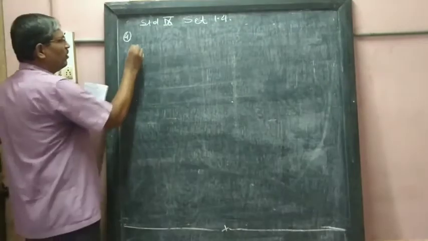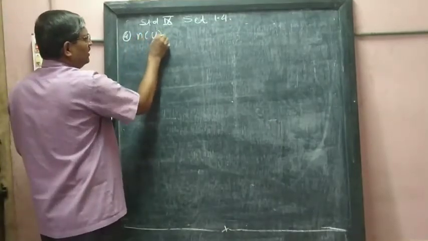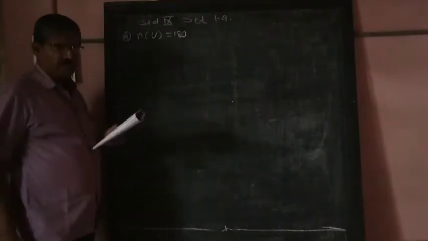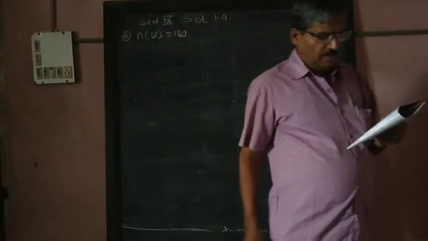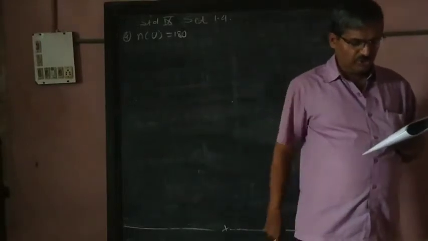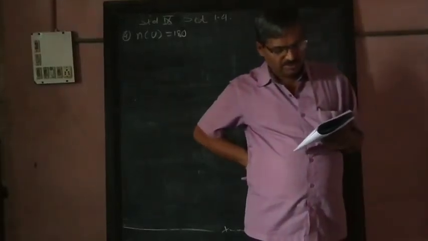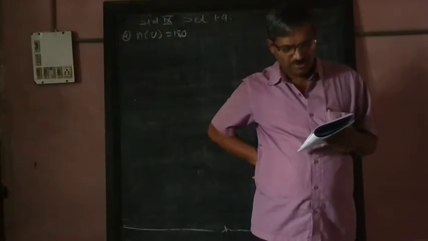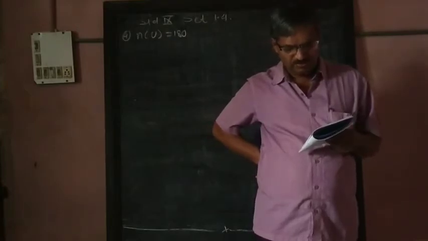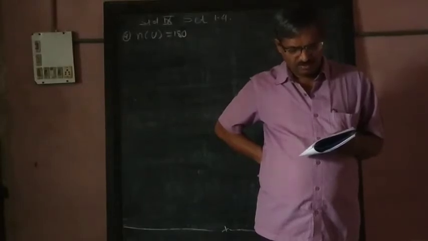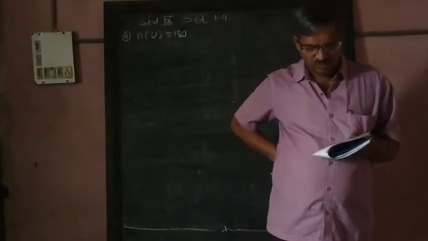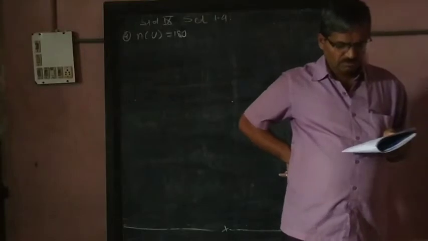It means the total number of students, the universal set, is given as 180 students. Their hobby is sky watching. There are 110 students who follow both hobbies.